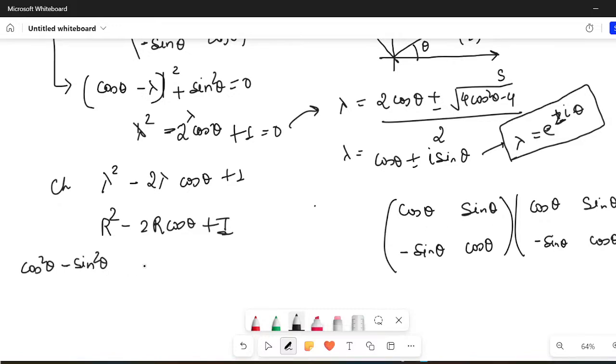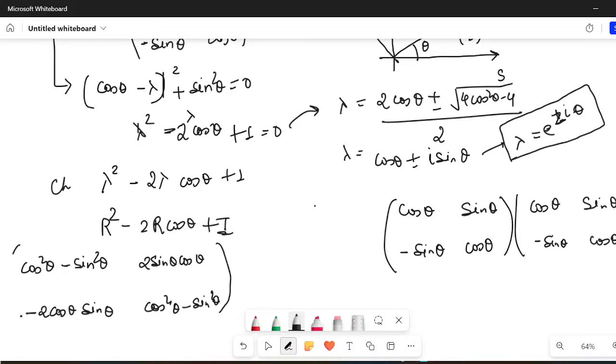Then this will be 2 sine theta cos theta. And then this would be minus 2 cos theta sine theta. And the last one would again be cos squared theta minus sine squared theta.